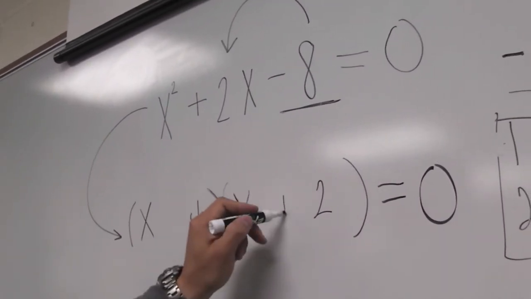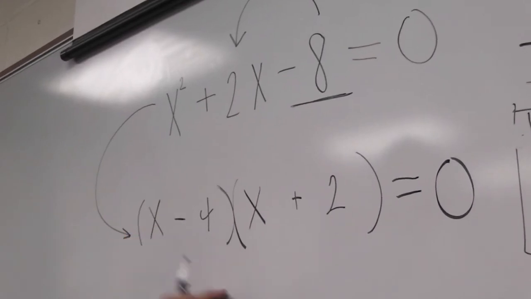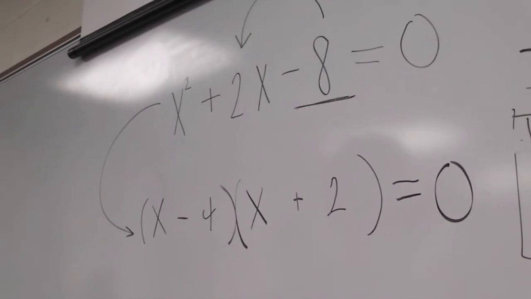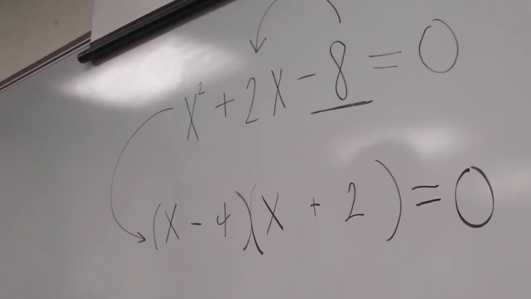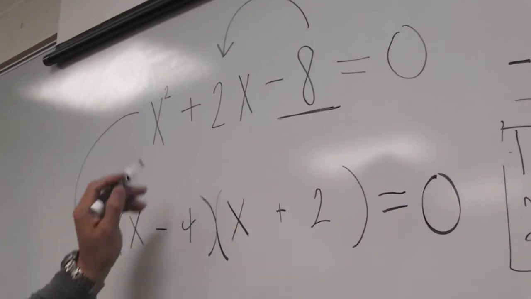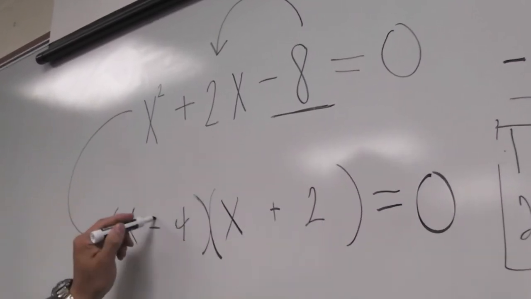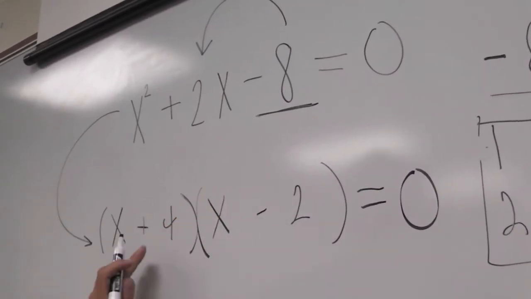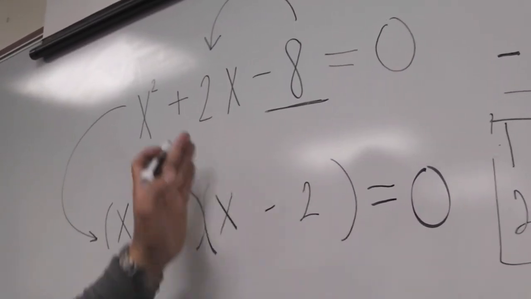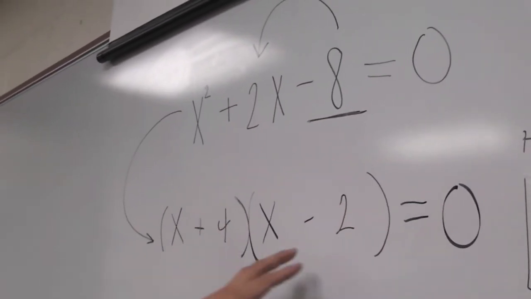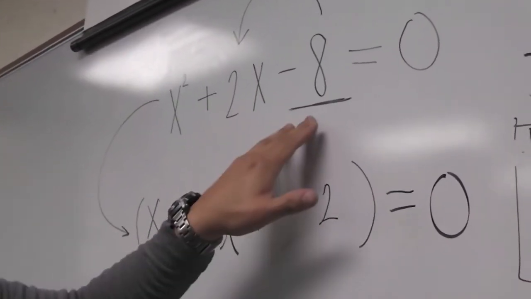If I put a positive 2 here, and a negative 4 here, that doesn't give me my answer. And you have to hit that dead end once or twice to see that. And then before you know it, you'll be doing it in your head. Eventually you'll say, I know I have a positive here, I have to have a positive here, and to get that positive, I have to have a negative here. Because 4 minus 2 is 2. That negative 8 comes from the 4 times the negative 2 equals your negative 8.